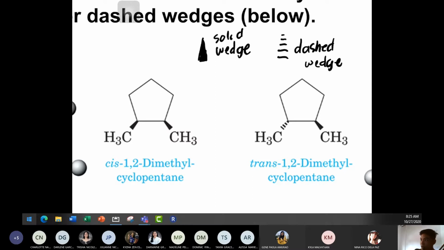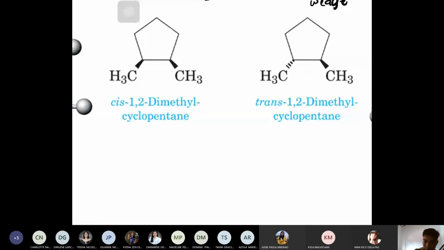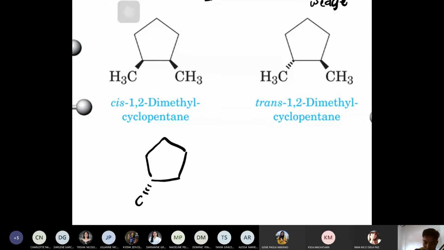One question dito is, sir, paano po kaya kapag ito ay parehas na dash? Draw natin. Sir, paano po kaya kapag ganyan? Parehas naka-dash. Is that a cis or trans?